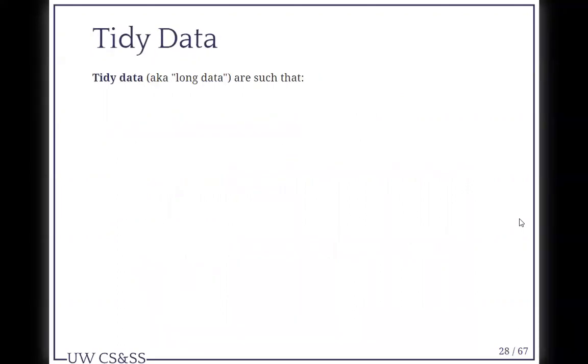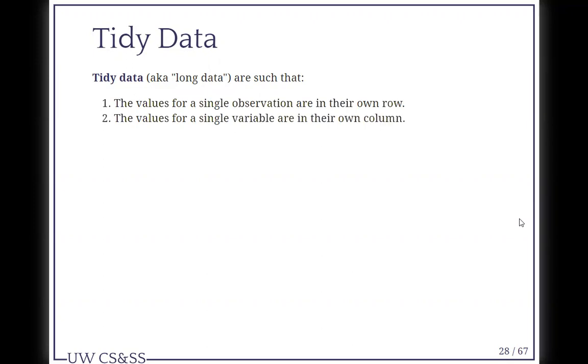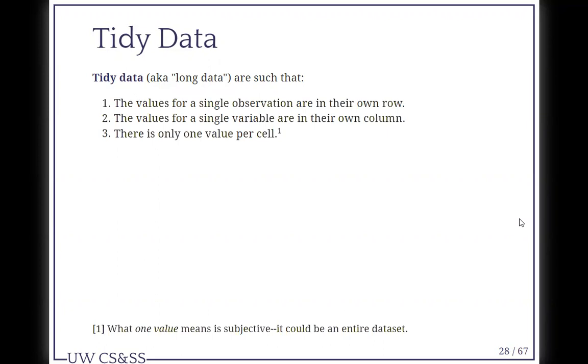So tidy data, also known as long data, are such that the values for a single observation are in their own row. The values for a single variable are in their own column.